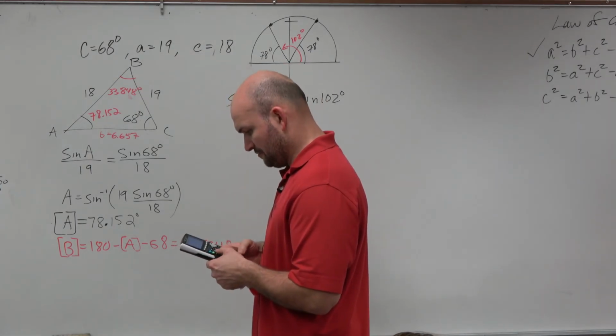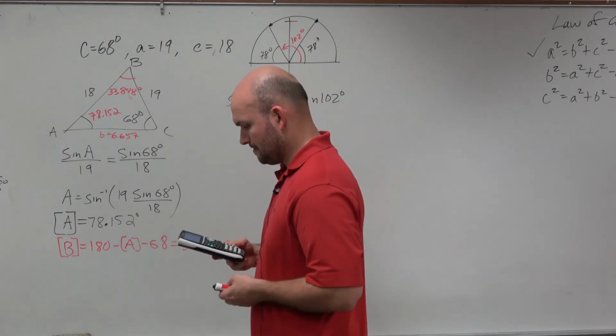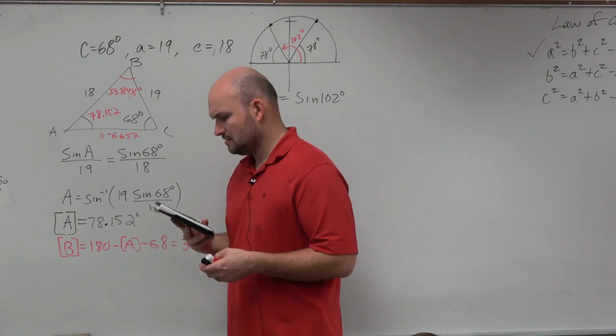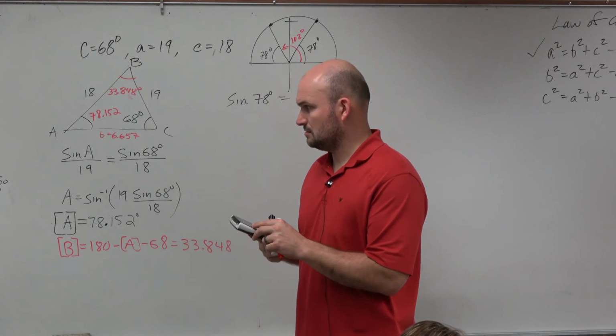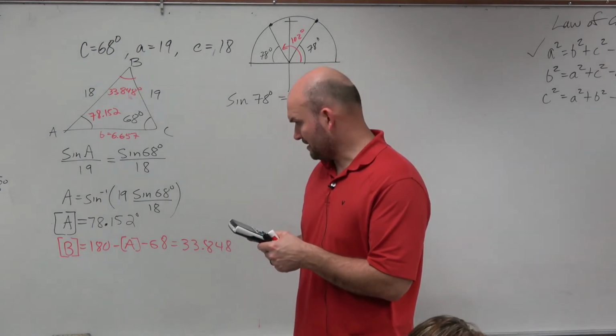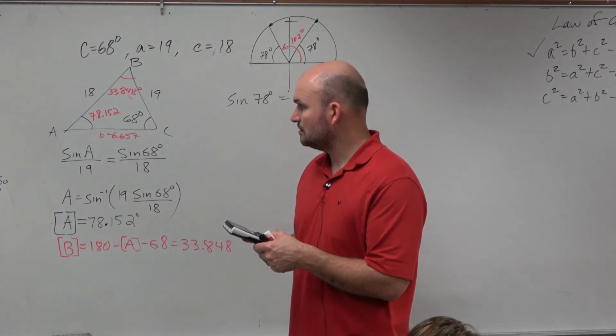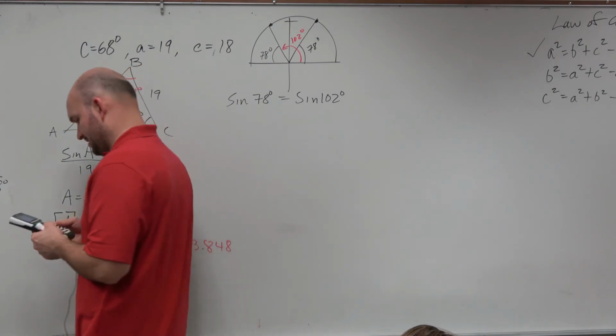Sine of alpha b. What'd you get? What is your b? B is 33.84, right? OK, and then sine of b.